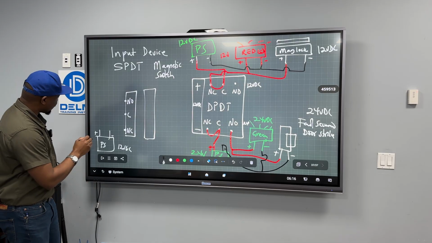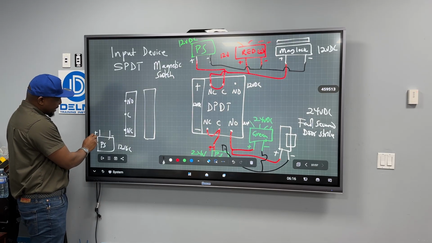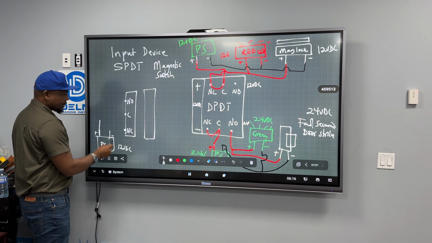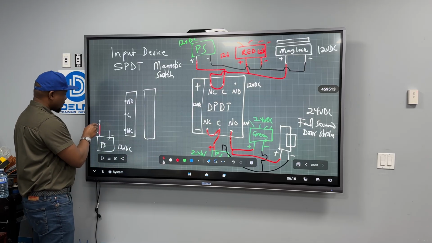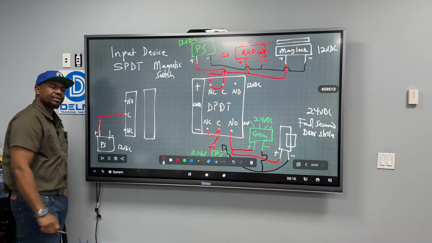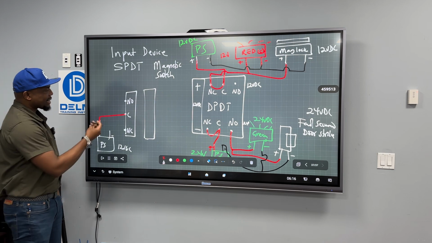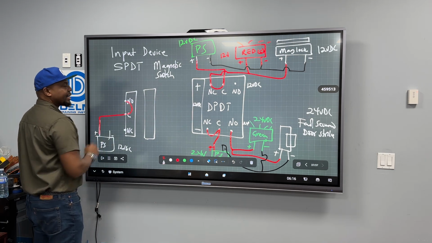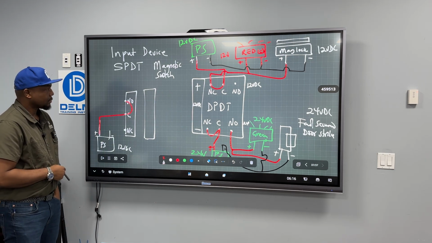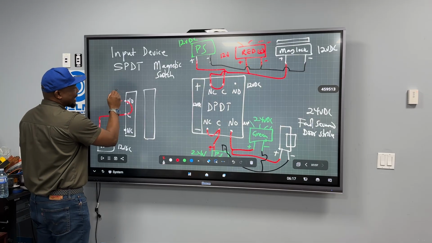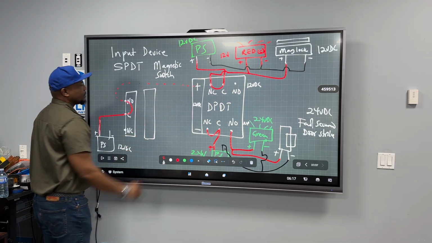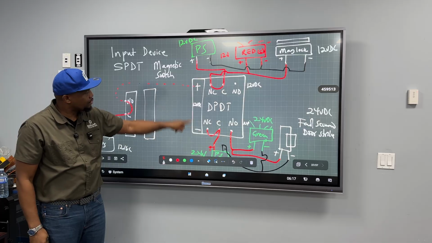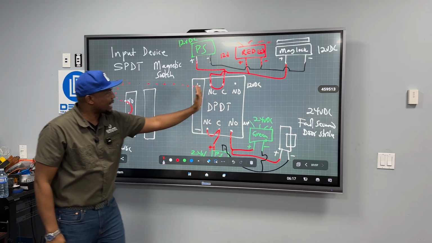So what am I going to do? I'm going to take the positive from here, and I'm going to bring it to the common. Right away, that voltage sits here. And if I were to take this and connect it here, automatically this relay side is going to be energized and it's going to switch it.